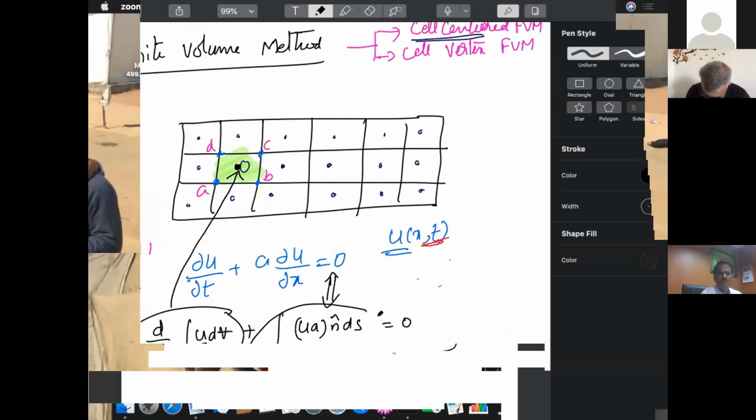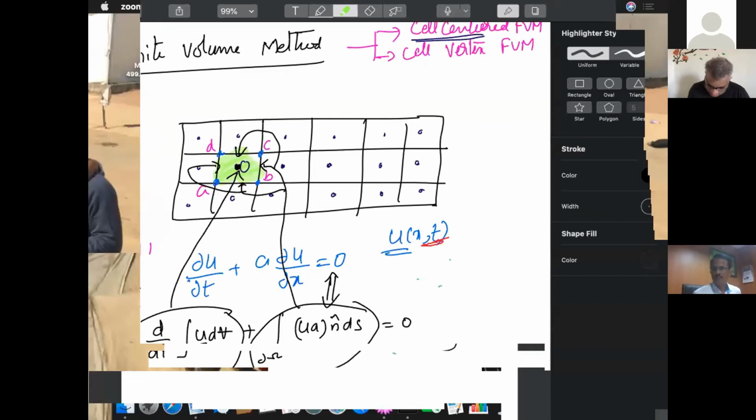This integral is evaluated on the surface, here, here, here, and here, on these four surfaces. Now the problem is, this u is known. This is given at the cell center. But the integral is on the surface. You have these four surfaces.